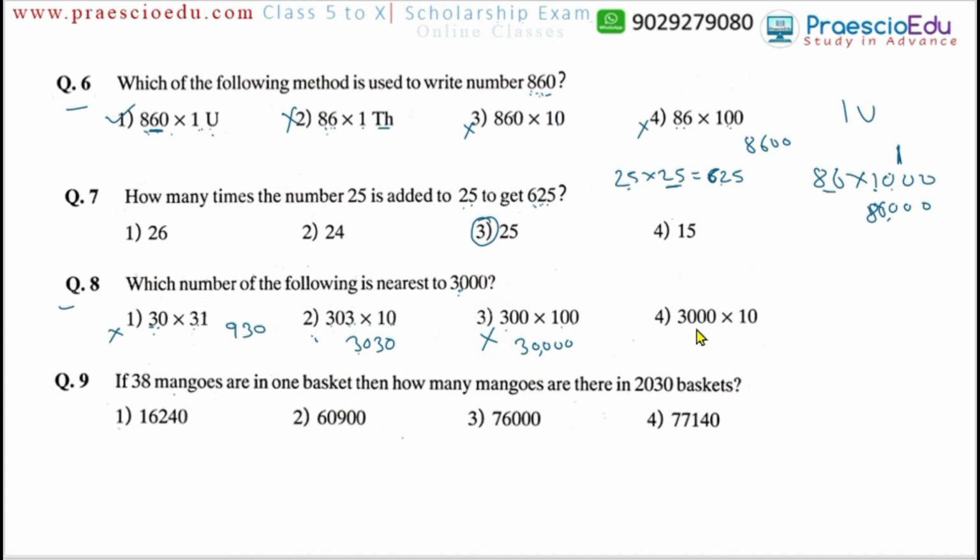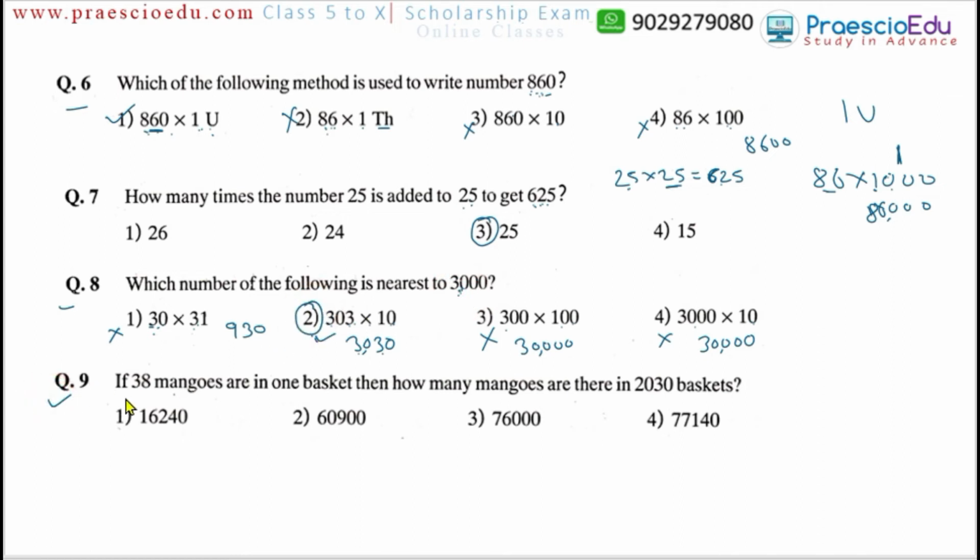And 3000 multiplied by 10 is 30,000. These are very far away, and the nearest to 3000 is 3030, that's why option number 2 is the correct one.